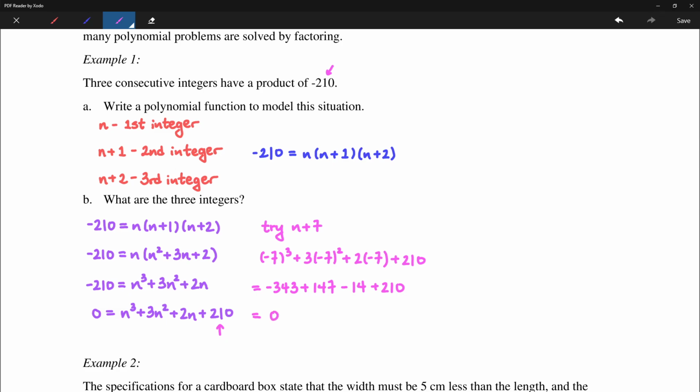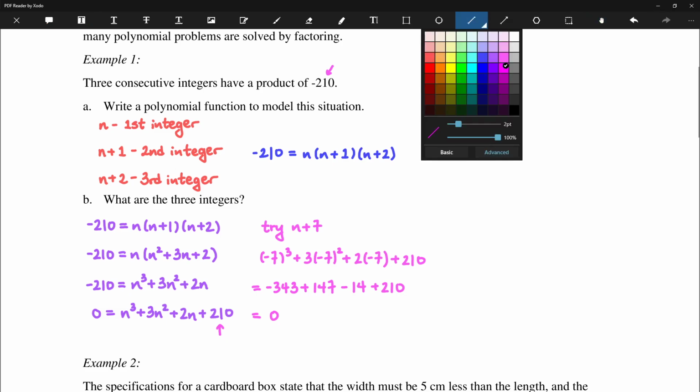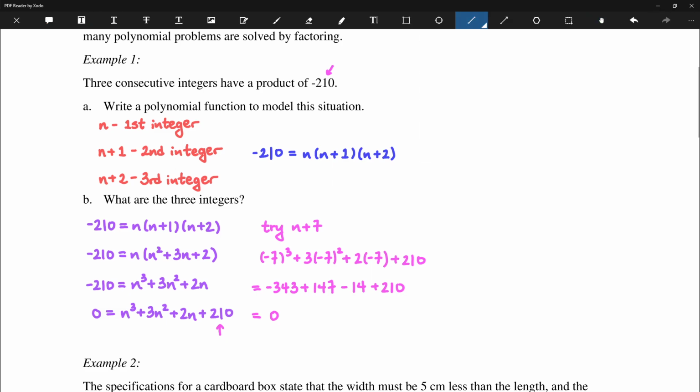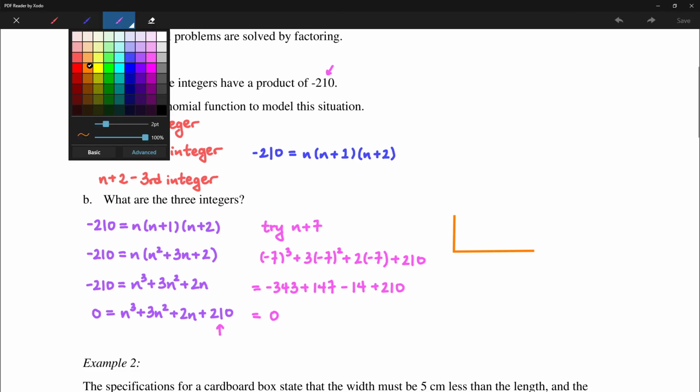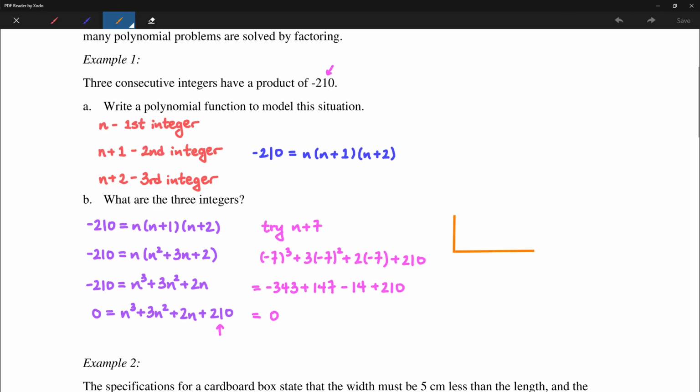So of course then the next step in factoring is to divide using synthetic division. In this case we have the coefficients 1, 3, 2, and 210. And on the left-hand side, we simply have negative 7.